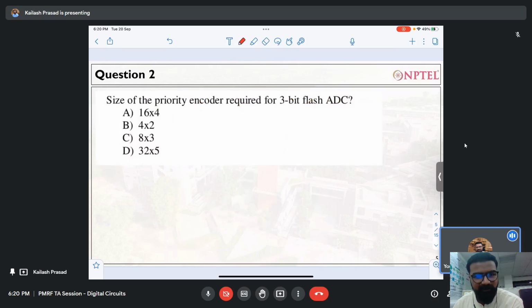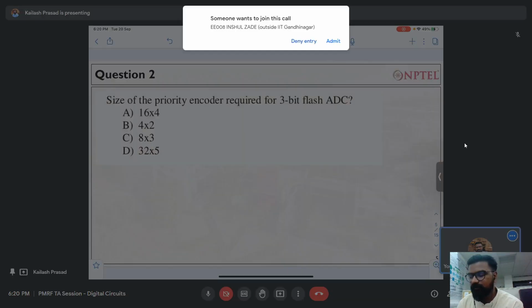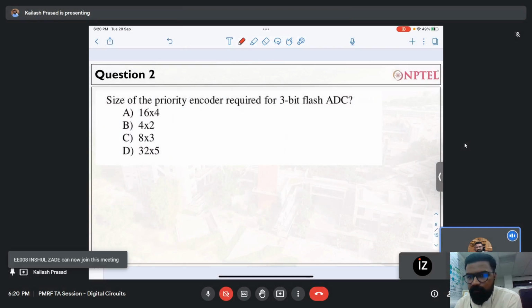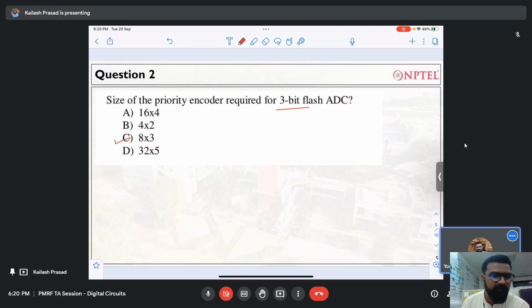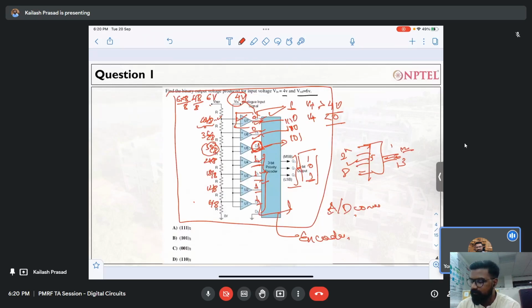It is again a simple question, and it is just the previous one. If I have a 3-bit flash ADC, what kind of priority encoder is required? If you see the previous question, the answer was 8 is to 3.